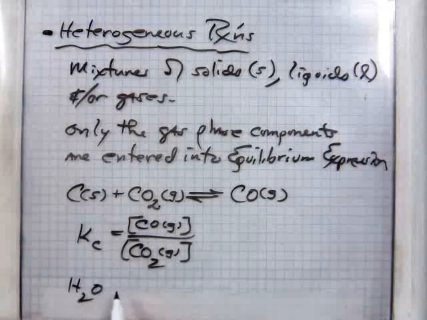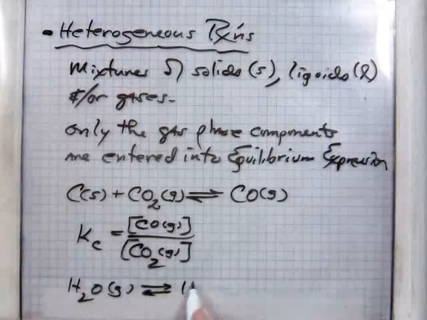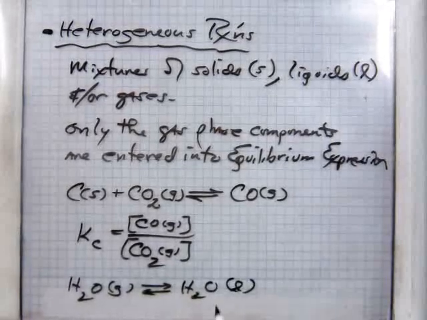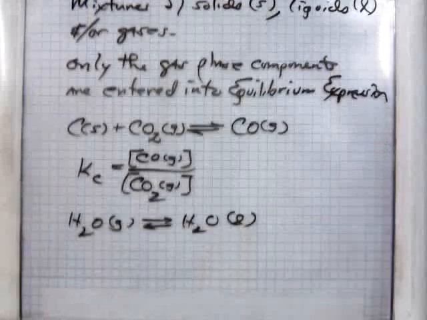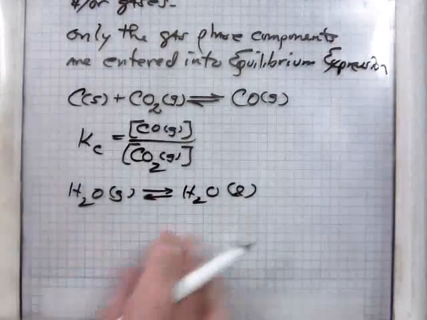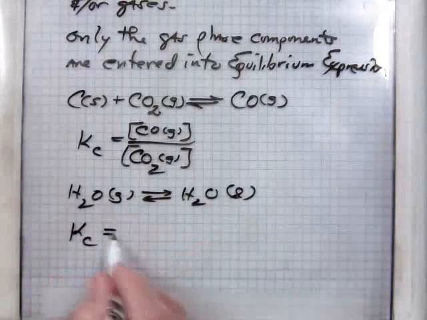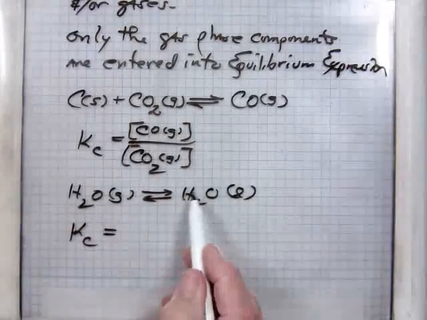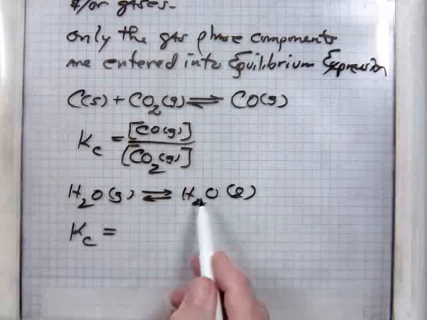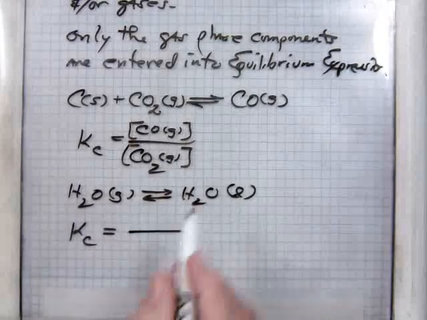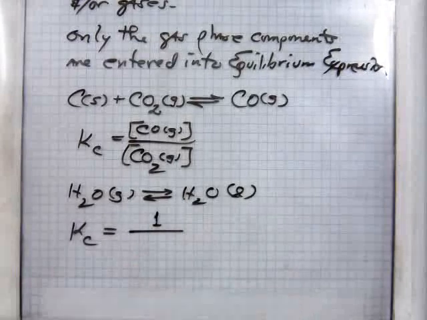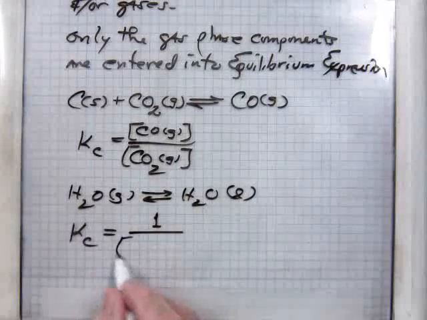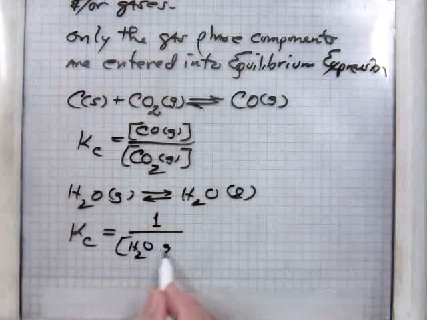H2O as a gas condensing to H2O as a liquid, a condensation type reaction. Well, what's the K expression for this one? It's a Kc expression, but you would not put the liquid into the expression. So the product is simply listed as a 1 divided by the reactant concentration.